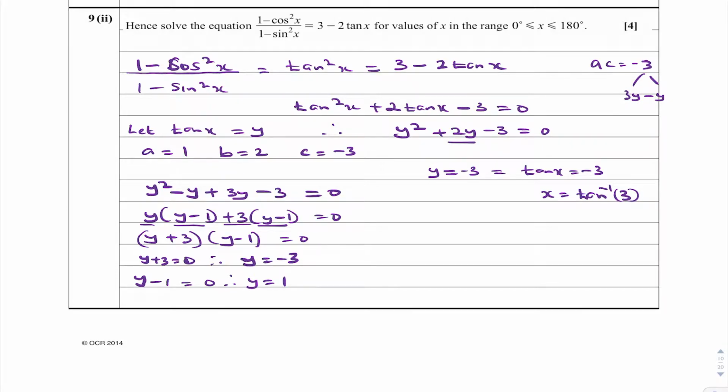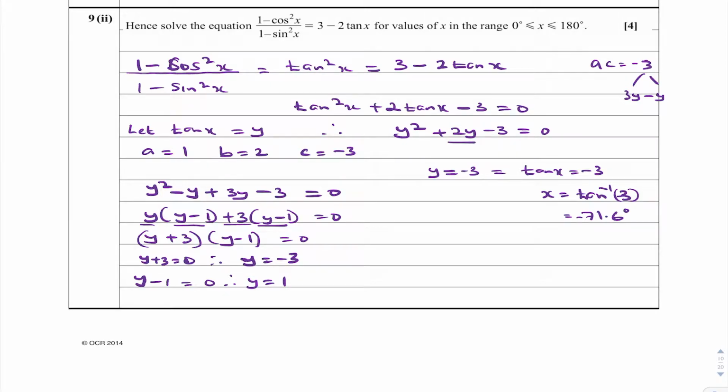So shift inverse tan minus 3, by the way. Shift inverse tan minus 3 is minus 71.6 degrees. Minus 71.6 degrees is the value of x in this case.